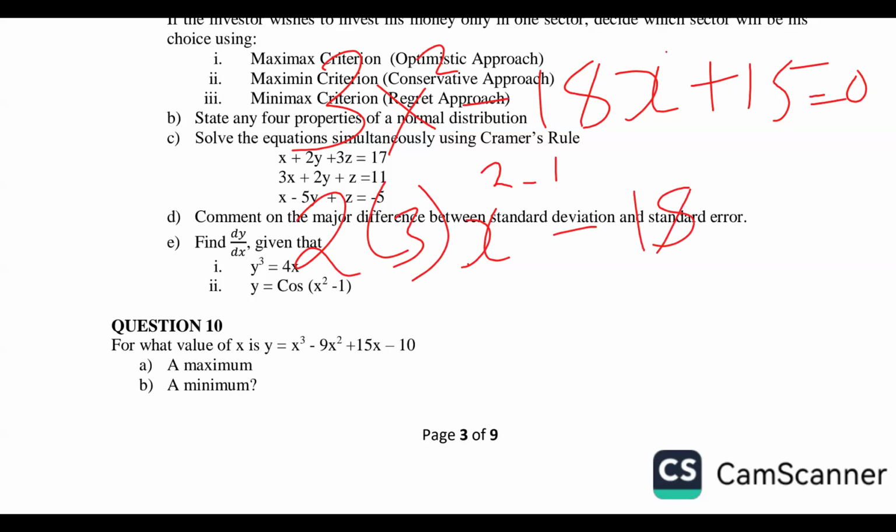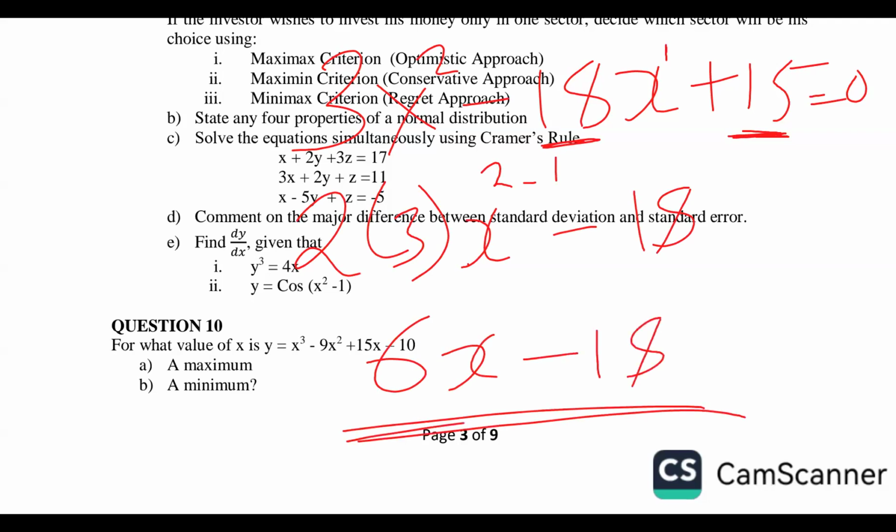The 15 is a constant, and the derivative of a constant is 0. So your second derivative is 6x minus 18.